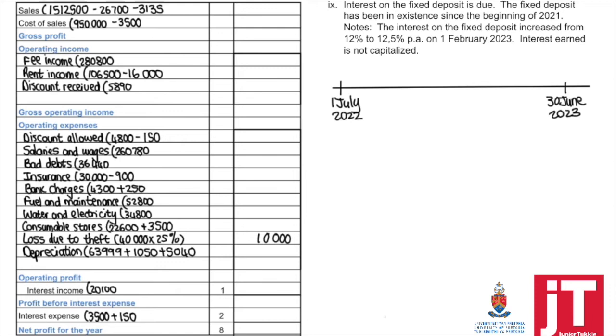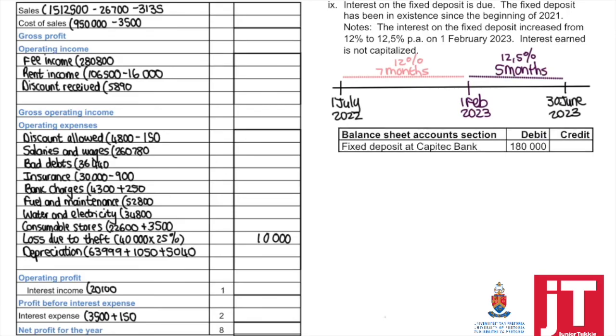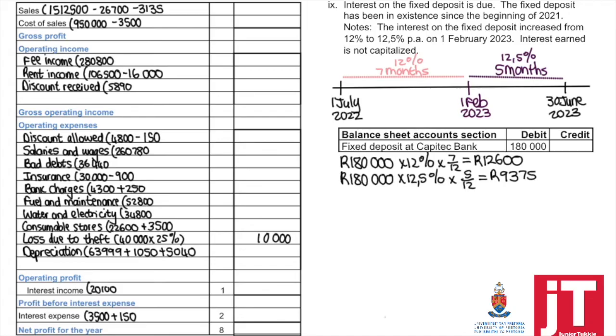But now, I can't just take the amount from the pre-adjustment trial balance and times it by 12%, because it increased from the 1st of February to 12.5%. That means that we need to calculate 12% on 180,000 for 7 months and then 180,000 times 12.5% times 5 divided by 12.